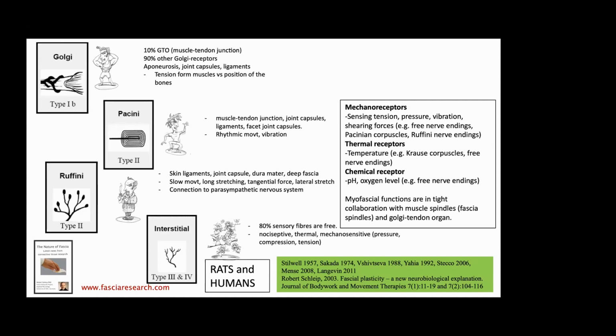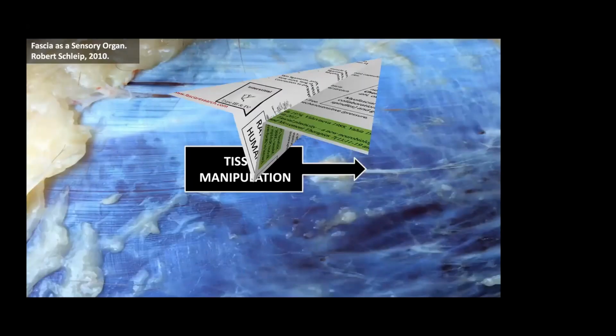When we are around the deep fascia in the joint capsule area, in the neck, in the head, and we are moving slowly, we have this very relaxing effect. And when we are doing vibrational and more rapid techniques, adding vibrations and doing lifting and twisting, then we are affecting more the Pacinian corpuscles and Golgi tendon organs.